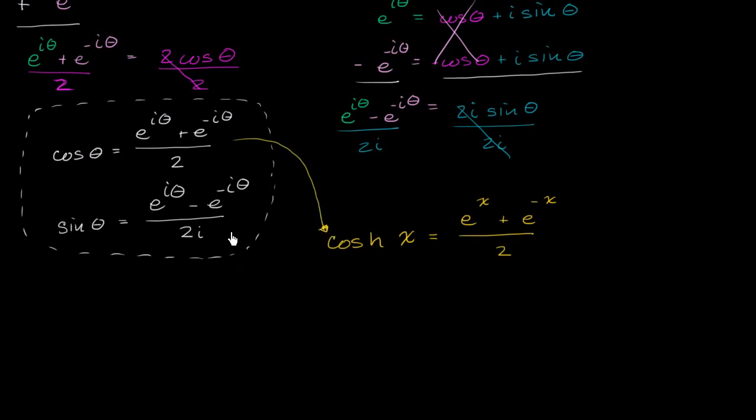And then let's define another one, hyperbolic sine. I'll call it sinh of x, for hyperbolic sine. And I'm just going to get rid of all of the i's, just being inspired by this. So e to the x minus e to the negative x, all of that over 2.